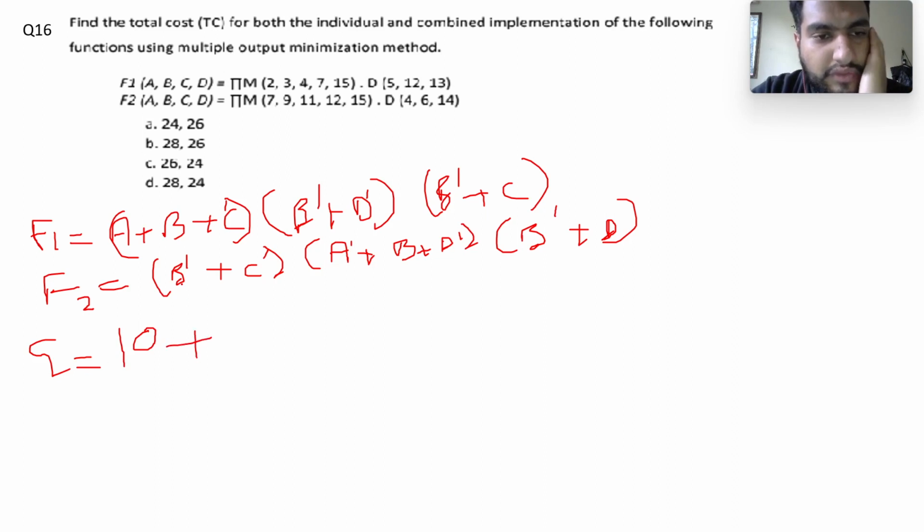And for this F2 it's 1 2 3 4 5 6 7, 7 plus 3 is 10. So G is 20.